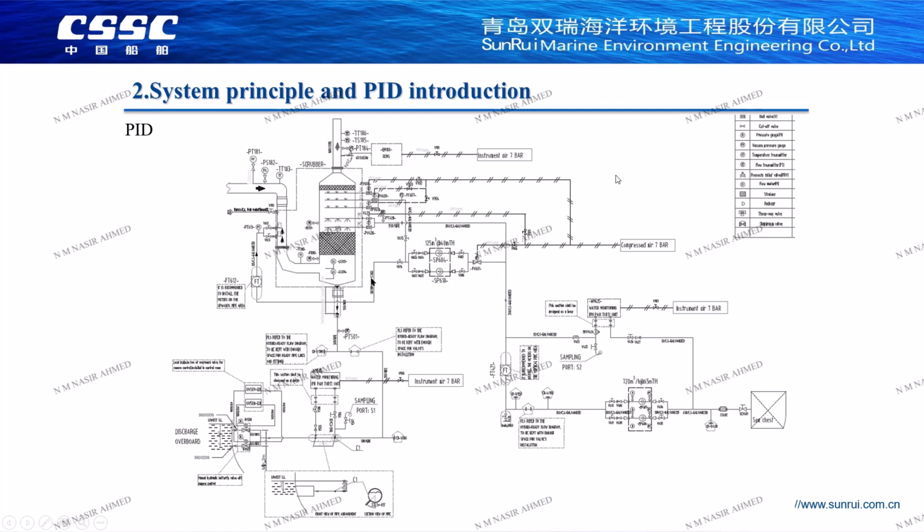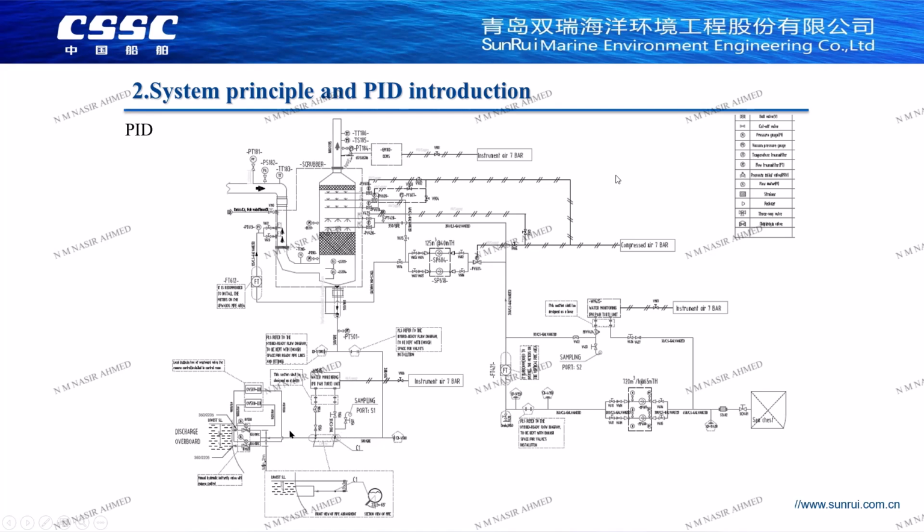The purpose of this spray is to cool the exhaust gas entering the desulfurization tower. It can cool the exhaust gas from 200 to 300 degrees to normal temperature. The temperature of the seawater after washing is between 30 and 40 degrees. This water will go straight down and be discharged directly through the sea chest.